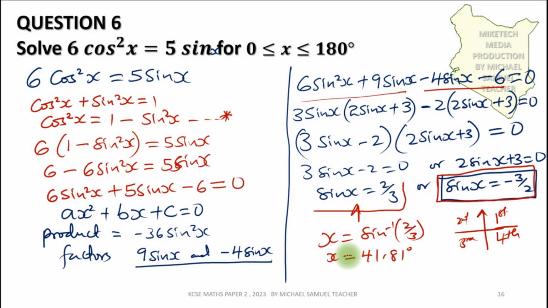So in the first quadrant, x is 41.81, and then in the second quadrant it will be 180 minus 41.81, which will be 138.19 degrees. So these are the values of x in that range: 41.81 or 138.19.